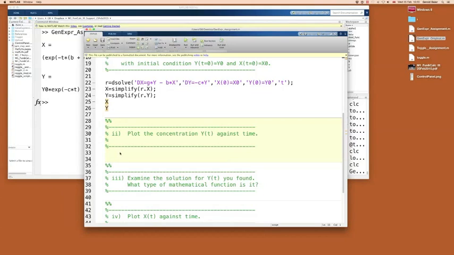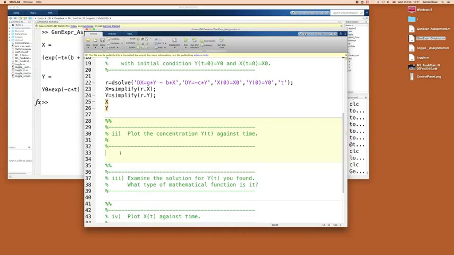So we need to plot x and y numerically. We need to tell MATLAB what all of the parameters here, c, x0, y0, are equal to. Okay?